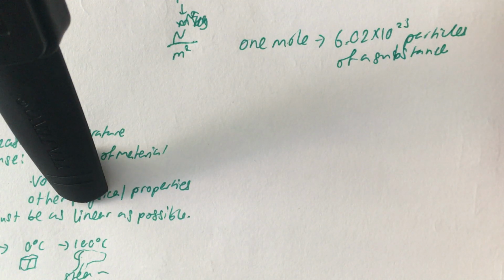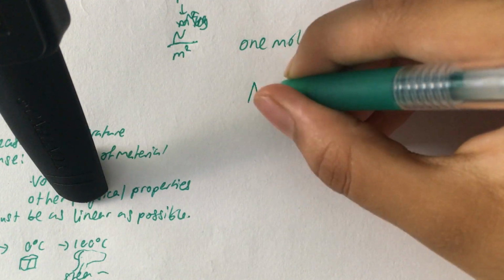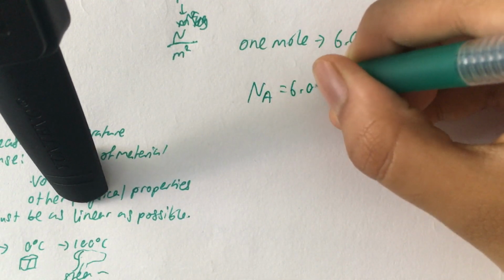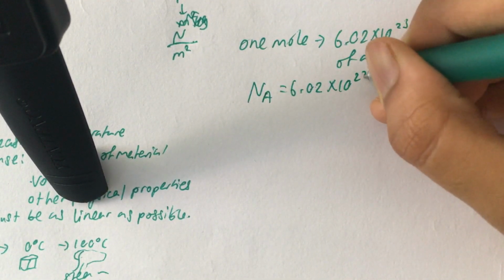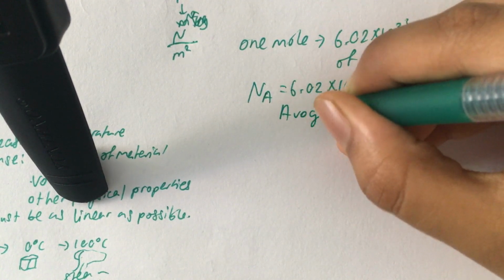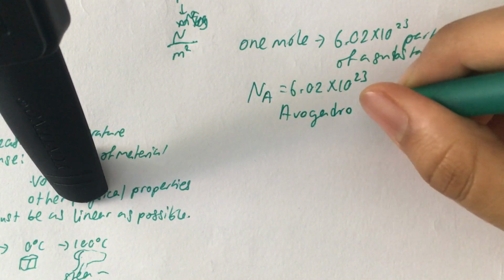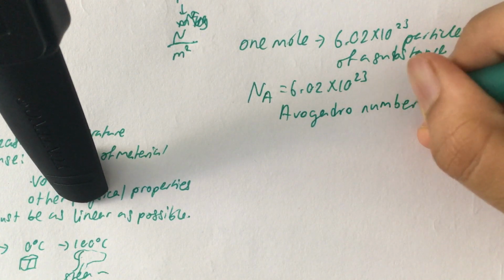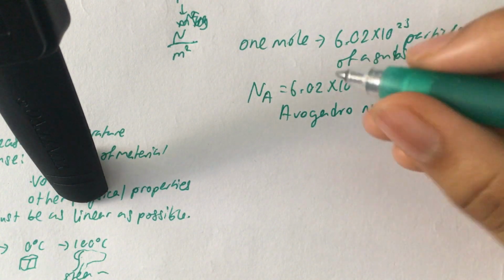And this number, 6.02 times 10 to the power 23, is called the Avogadro number. Oh my gosh. I'm pretty sure you have said avocado at least once. It sounds so much like avocado.